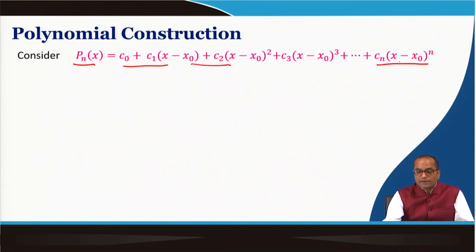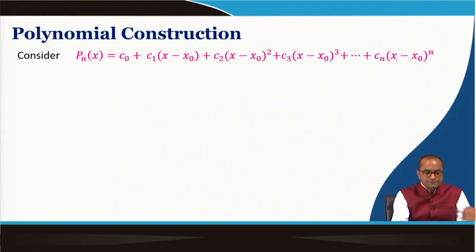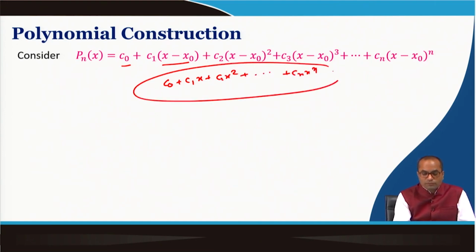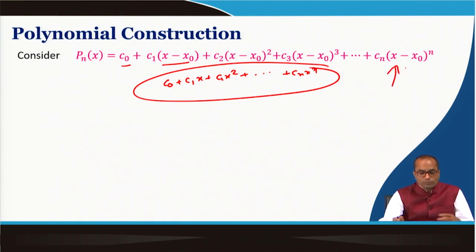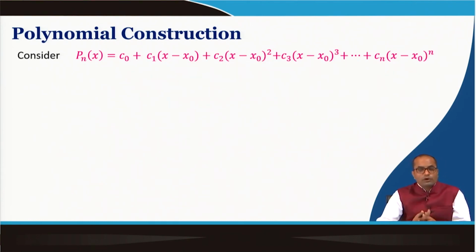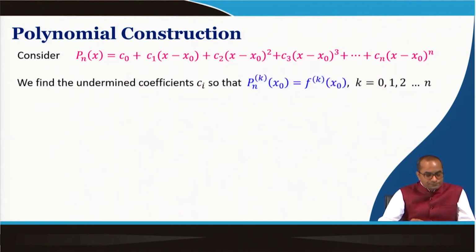Because x power n is there, and we have taken this special form with the constant c1 times x minus x naught, c2 times x minus x naught whole square, and so on. We could have also considered c naught plus c1 x plus c2 x square plus and so on, and cn x power n. This is also a general form of the polynomial, but we have considered this special form, and both are the general n degree polynomial. So fine.